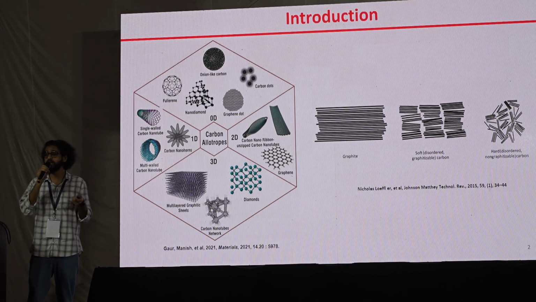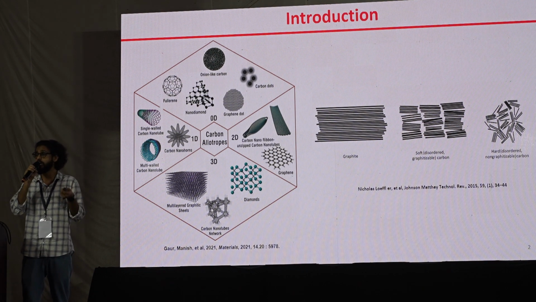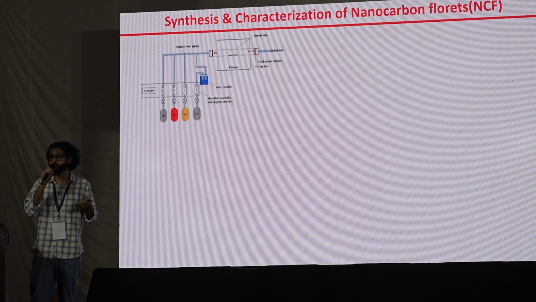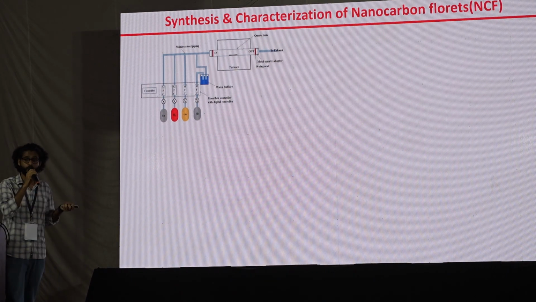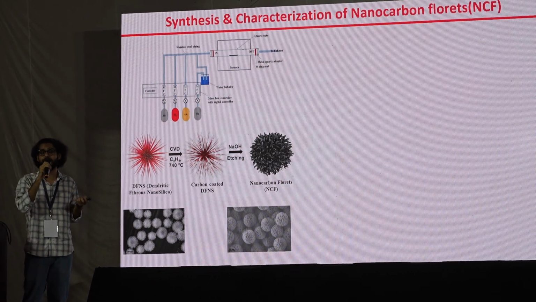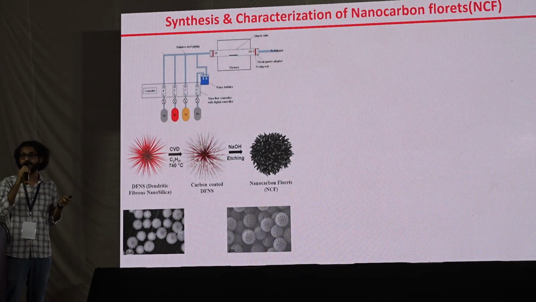Here we are interested in controlling the morphology of hard carbon using a chemical vapor deposition process. In order to make the hard carbon, we have followed a CVD protocol, a template-assisted protocol in which dendritic fibrous nanosilica is acting as the template.